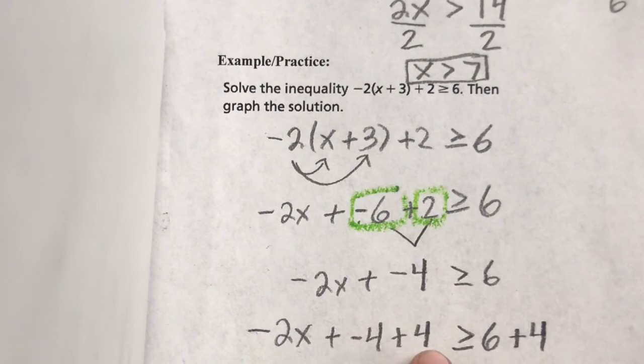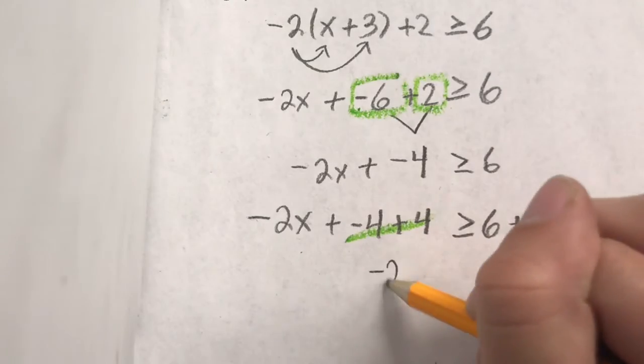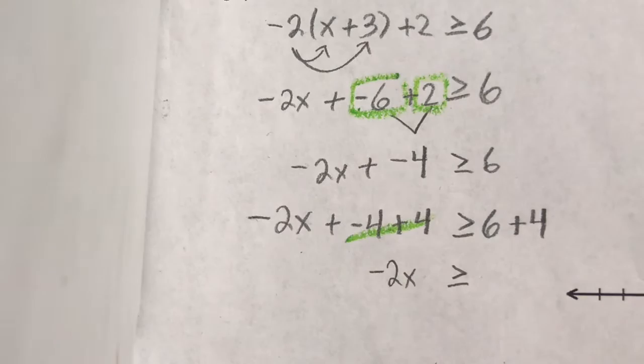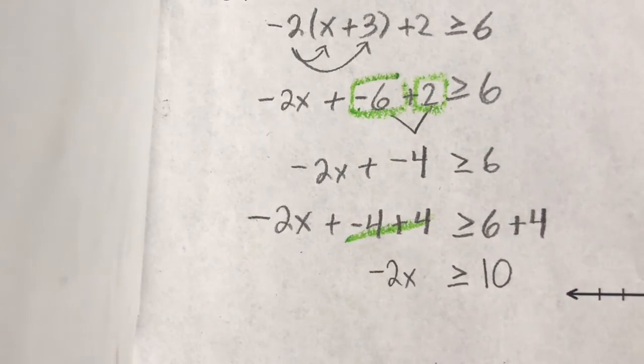Negative 4 plus 4 is 0, which is our goal, so we can cross that out, and I just get negative 2x. And then on my right-hand side, I have 6 plus 4. 6 plus 4 is 10. And then finally my last step, we're almost there. I have x times negative 2. So I'm going to ask myself, how do we undo multiplying by negative 2? We divide by negative 2.